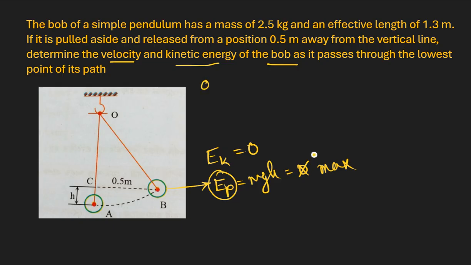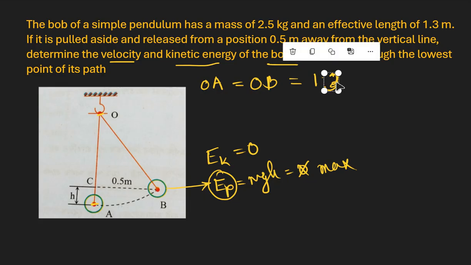So OA, as well as OB, the effective length is equal to 1.3, right? So let's write down 1.3 here. Okay.